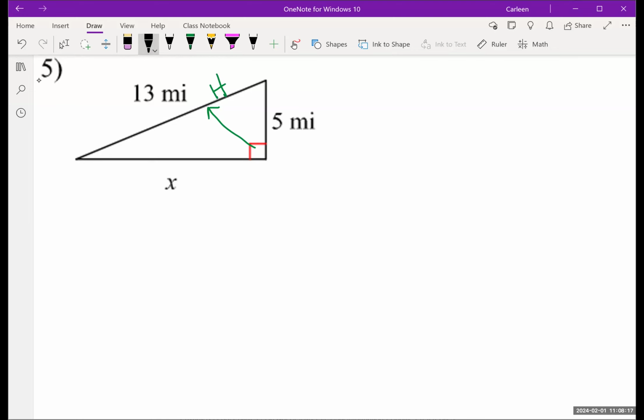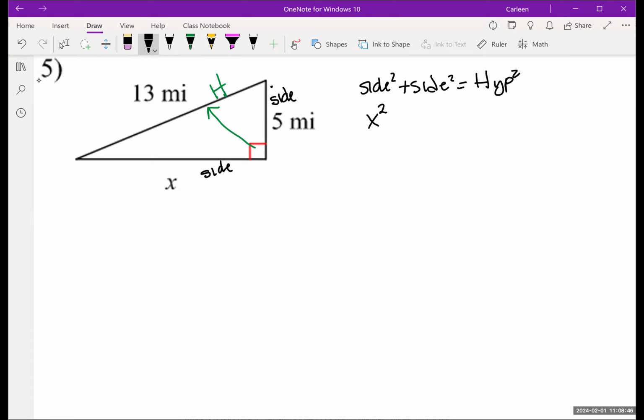Okay, Zoomers, write your equation. So that makes this side and side. Side squared plus side squared equals hypotenuse squared. Okay, careful. X squared, right?